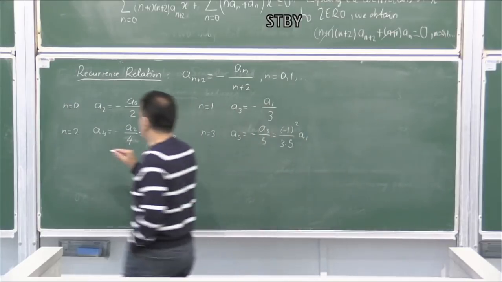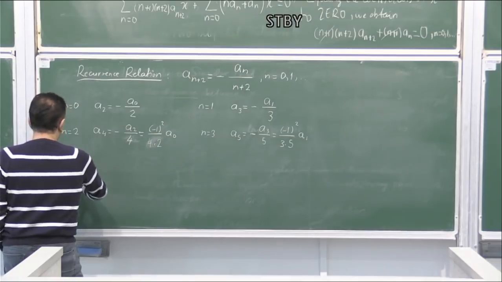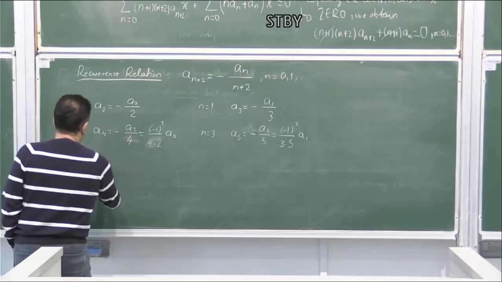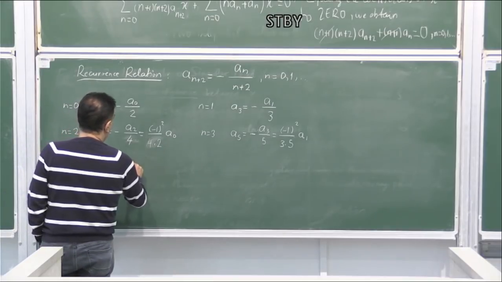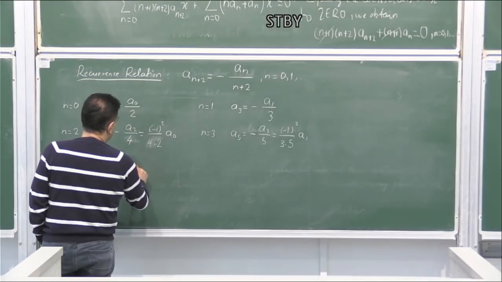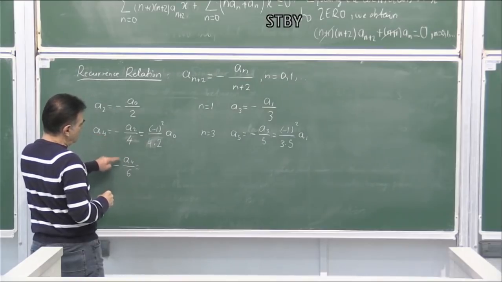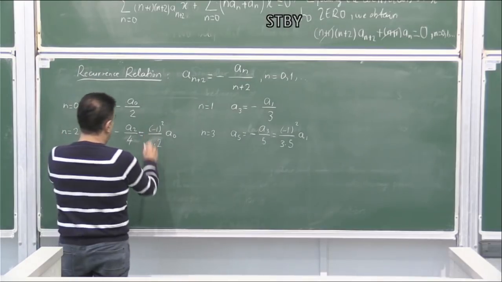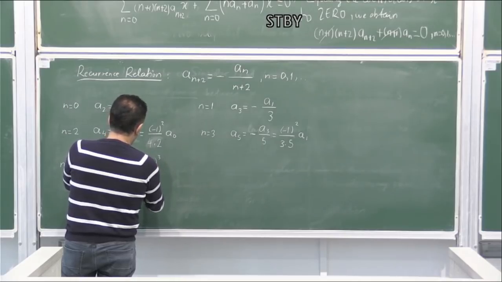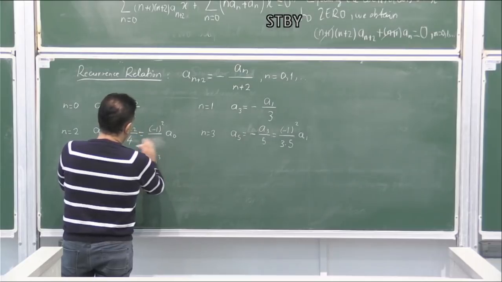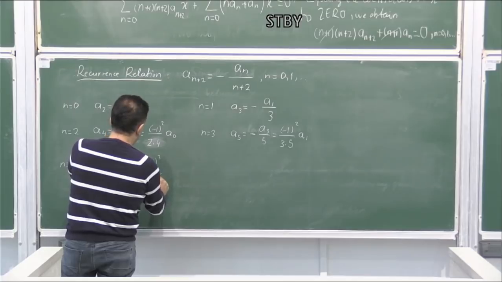Let's continue in this way. N equal to 4, sorry. We have a6, which is minus a4 over 6. So multiplying a4 by minus 1 and dividing by 6, we have minus 1 cube, and 2 times 4 times 6.